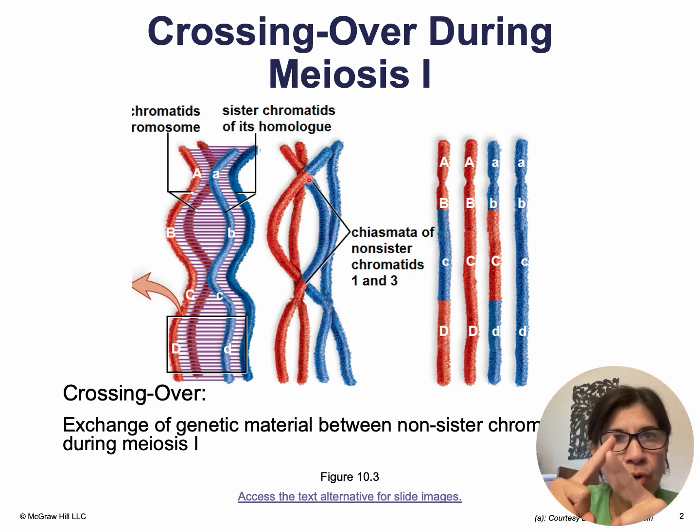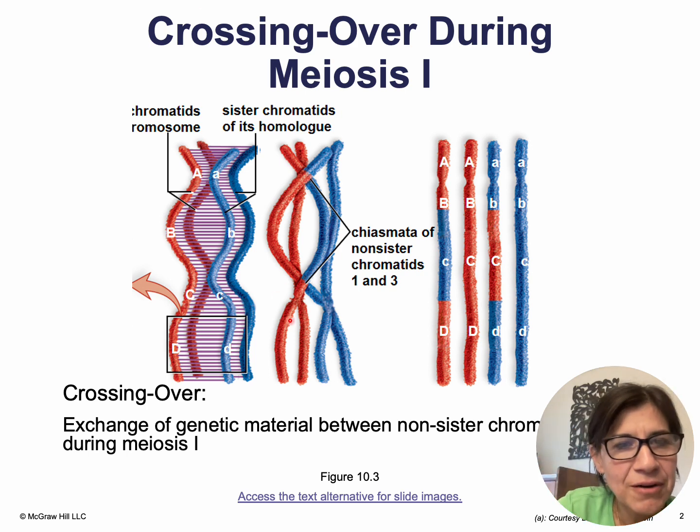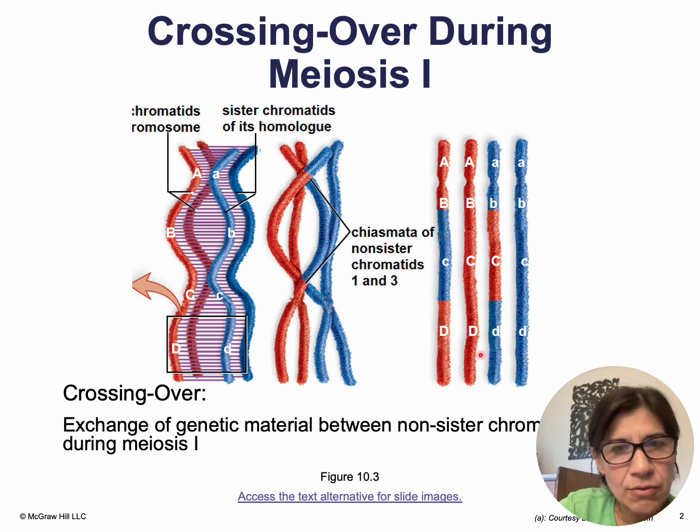They cross over, literally, and they break off, and this part will end up with this one. I guess the picture shows it better. Look on the right, this crossing over is producing duplicated chromosomes that have parts from the other chromosome. So it's an exchange of genetic material between non-sister chromatids.